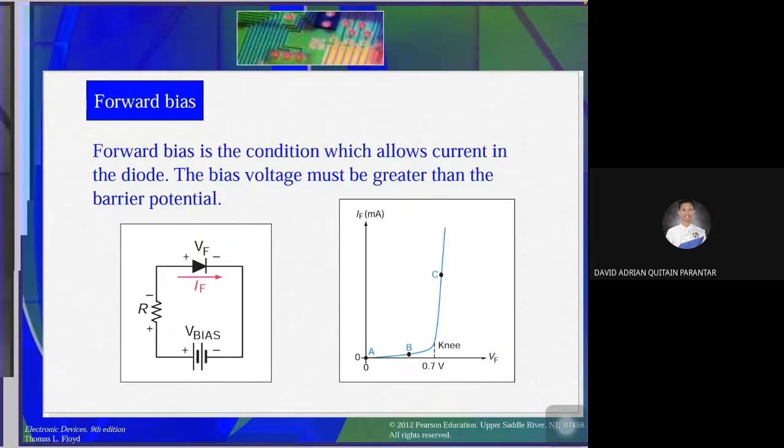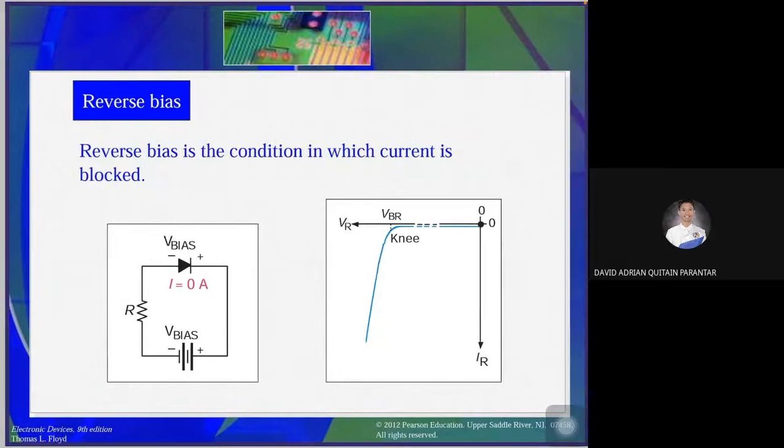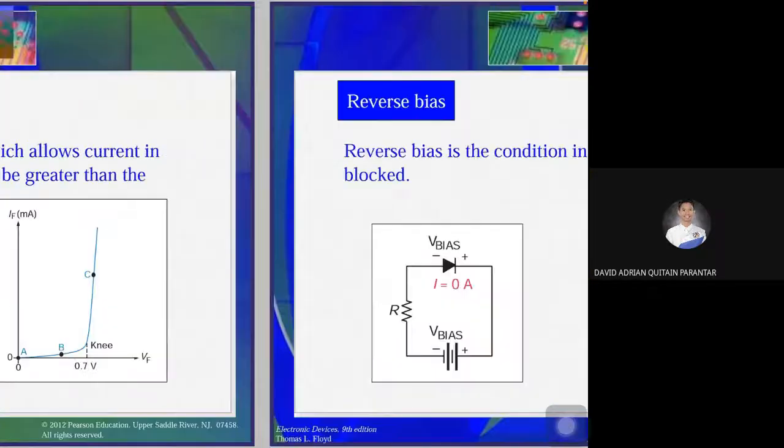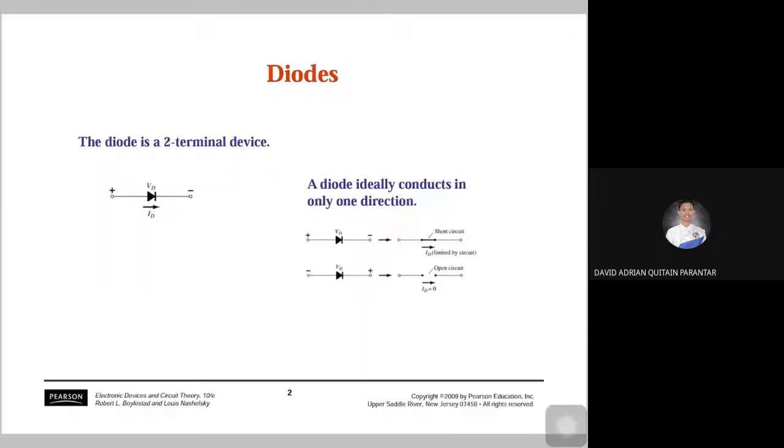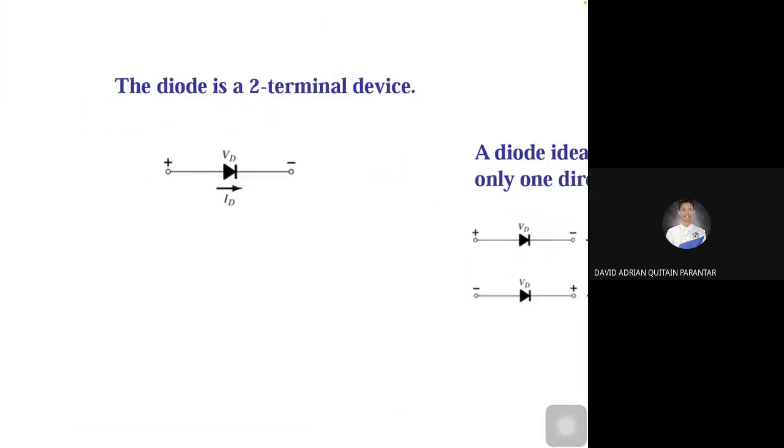Forward bias, reverse bias. The diode is a two-terminal device with its electronic symbol as this one.